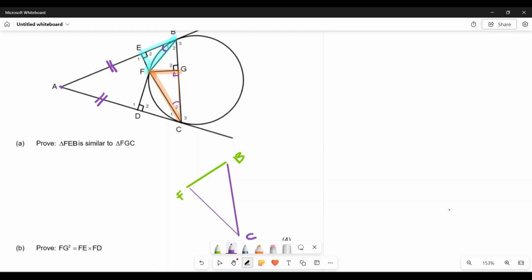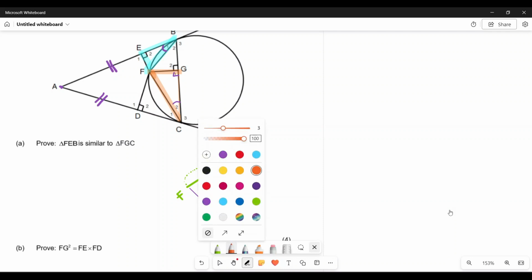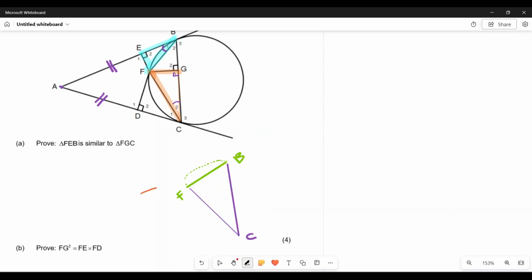This is my point C. So let me just try and represent that chord. This would be my circle where it passes. So this is a chord, and I also have my tangent. Let me draw my tangent. It passes through point B. Let me put it here.